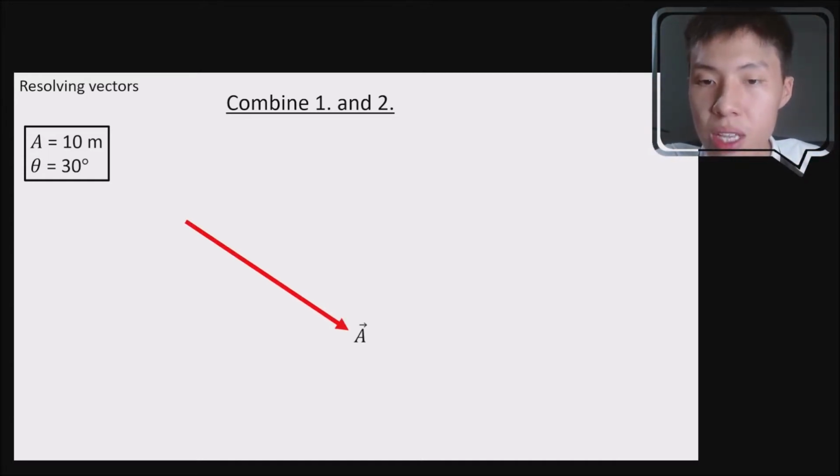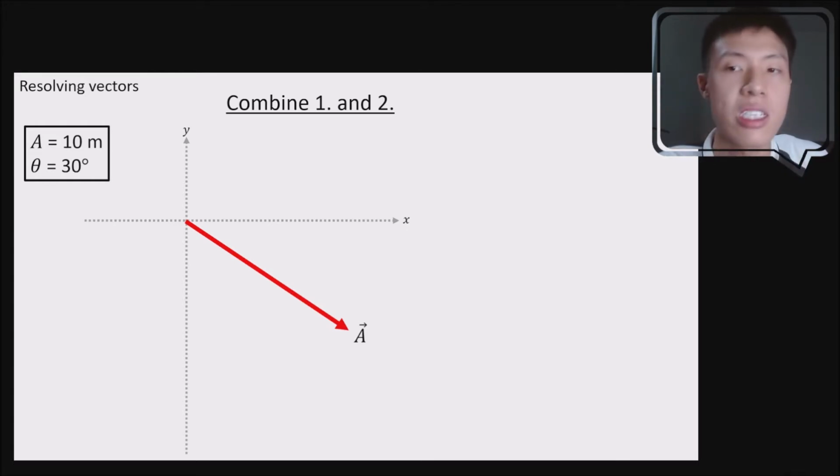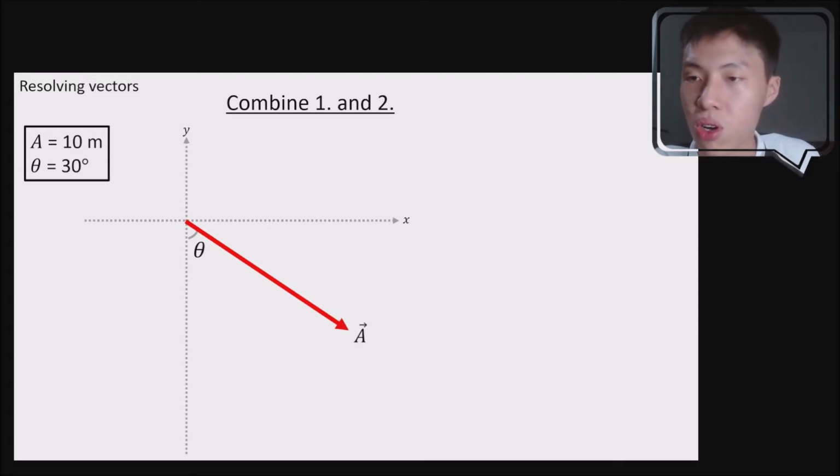Okay, so now imagine I have a vector A here, and this vector, if I put it on xy coordinates, is not lying on the x-axis, it's not lying on the y-axis. It's lying at a certain angle which we call theta. This theta right here is measured with respect to the y-axis, not the x-axis.